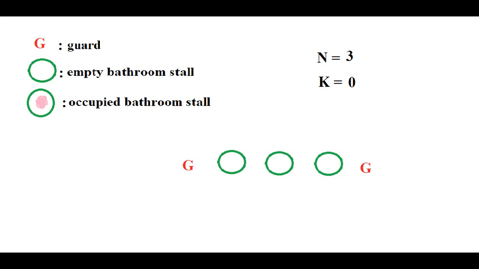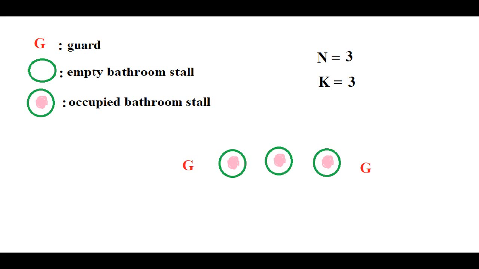Then, when there is one guest, he naturally sits in the middle of the 3 places. When there is another guest, he will choose the leftmost option, that is the first one when we read from left to right. And when there is a third guest, he will have to go to the only available bathroom stall.